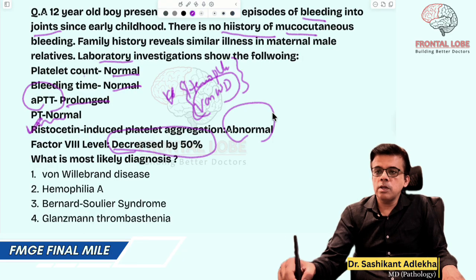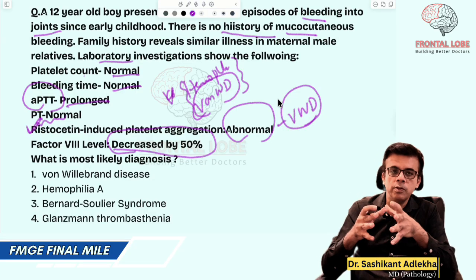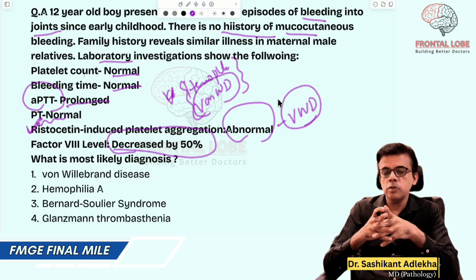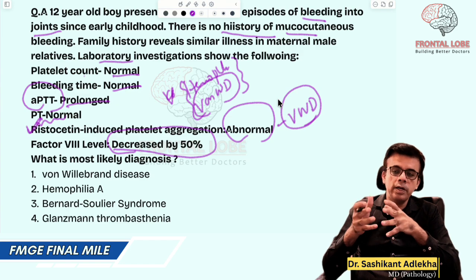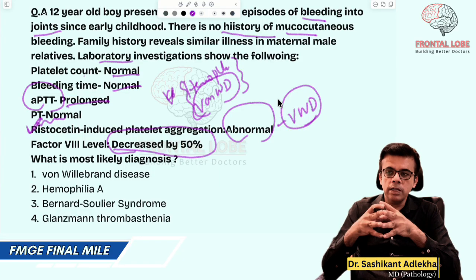Ristocetin induced platelet aggregation is generally abnormal in von Willebrand disease. What is the job of ristocetin? It causes enhanced platelet adhesion. So the ristocetin mediated action, that is phase 1 of platelet plug formation, is enhanced.